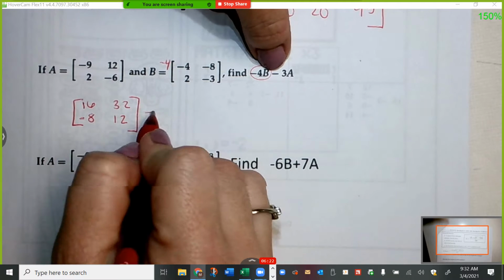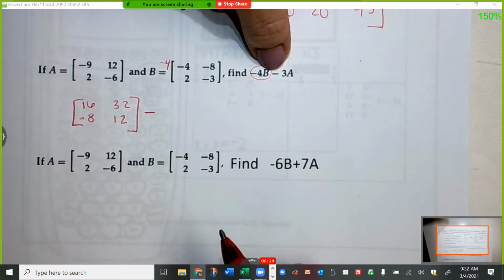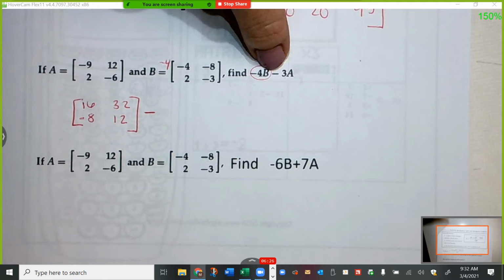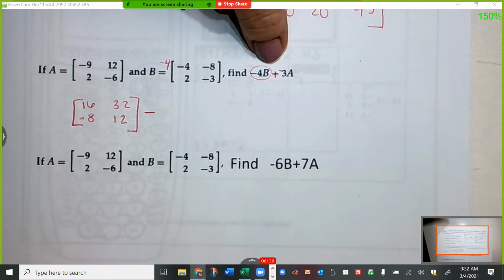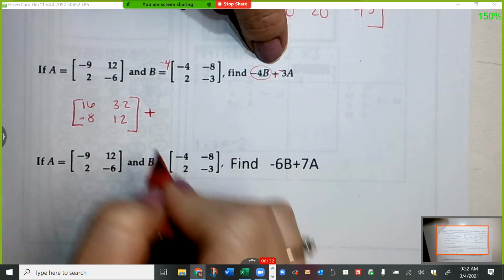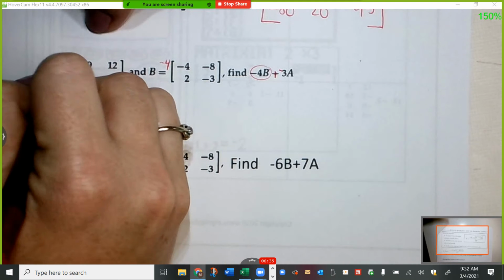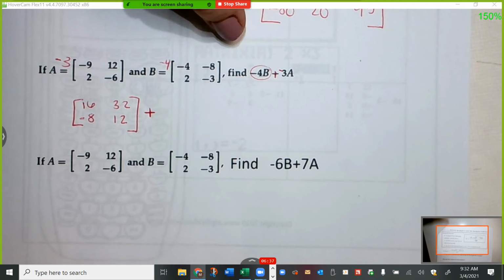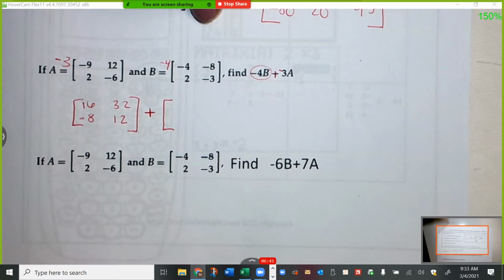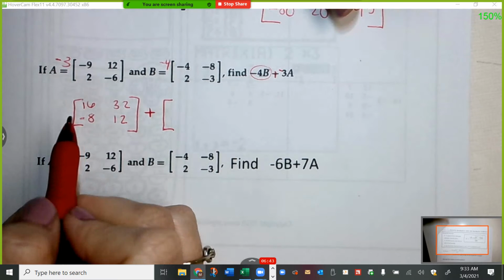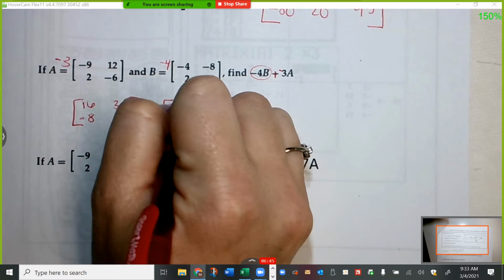A minus sign. Now, here's something I want you to realize. I can actually make this plus negative 3 times a to make life easier. So let's put plus, and let's do negative 3 times a. Negative 3 times negative 9 is positive 27.